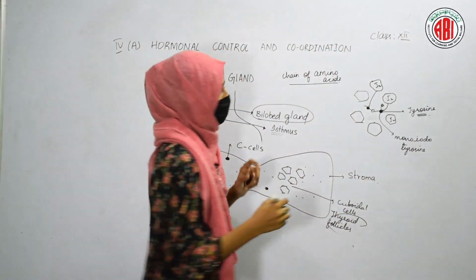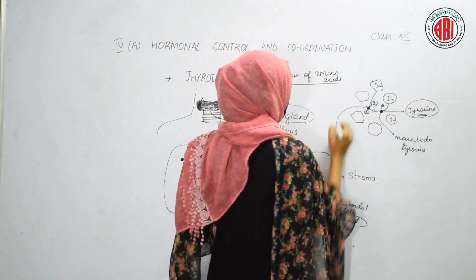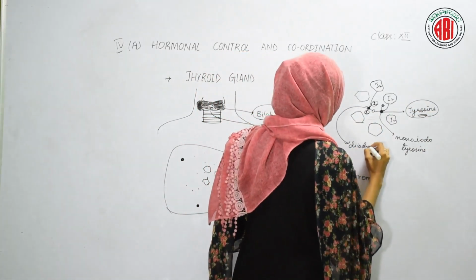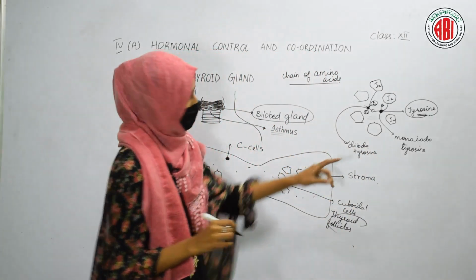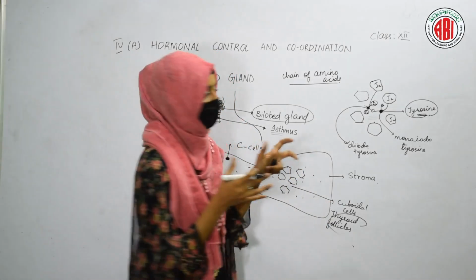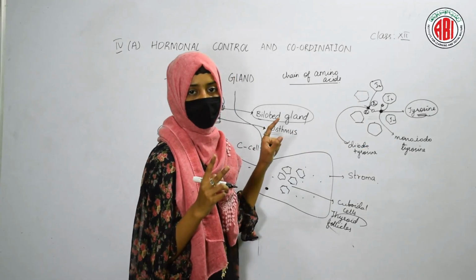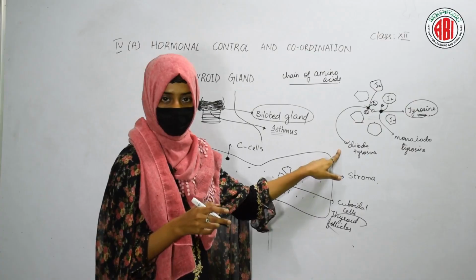If two iodines are attached to the amino acid tyrosine, then that is called diiodotyrosine. Based on the number, we can name it. Mono means one. If one iodine attaches to the amino acid tyrosine, we call that monoiodotyrosine. If two iodine molecules are attached to the tyrosine, then it becomes diiodotyrosine.